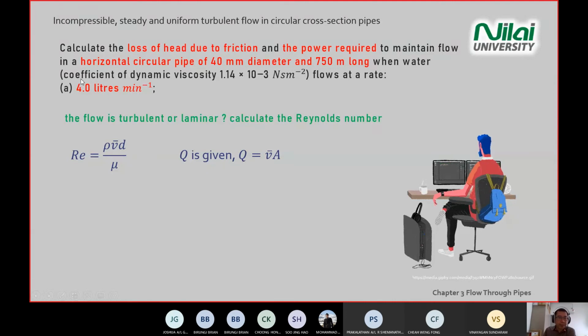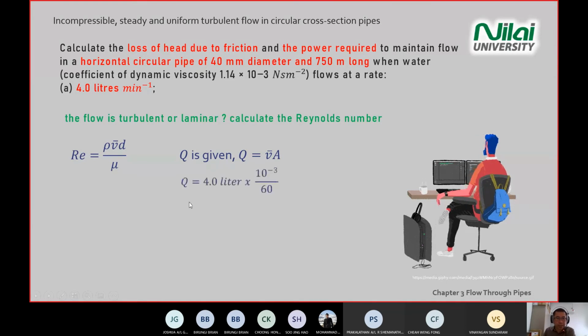In application, when you go to work, most of the time your customer will give you liters rather than meter cubed. So you need to do conversion when you design a pipe system or pump system. So Q equals VA, right? Then you do conversion, you get meter cubed per second.